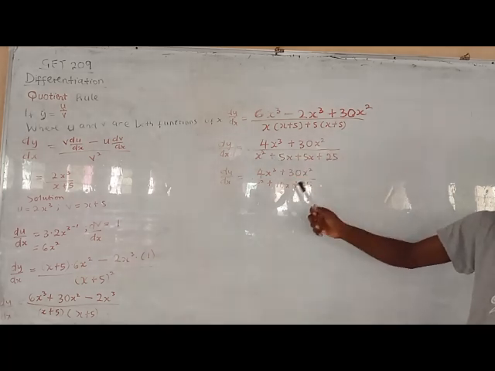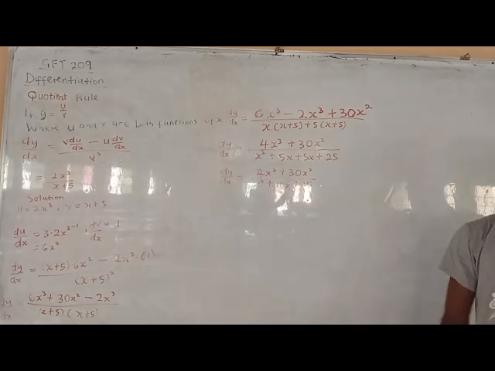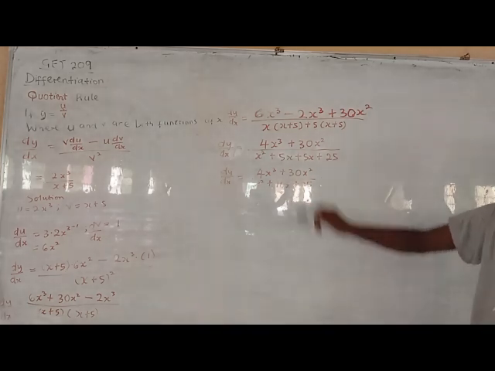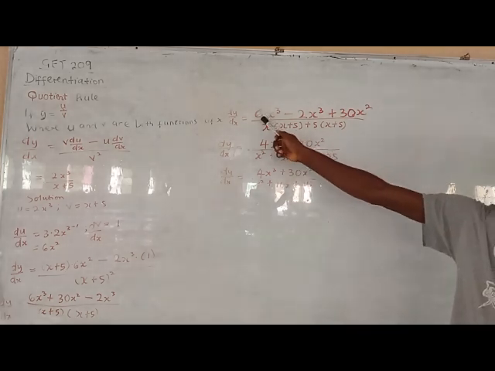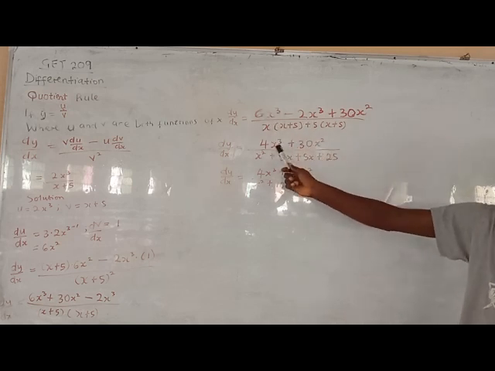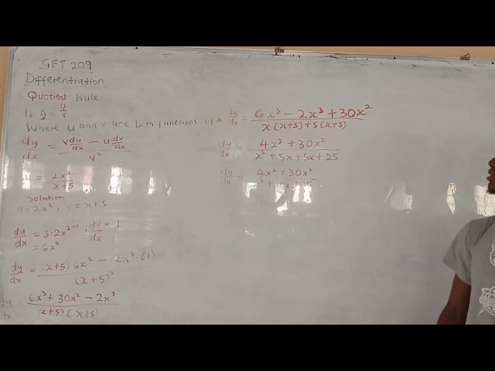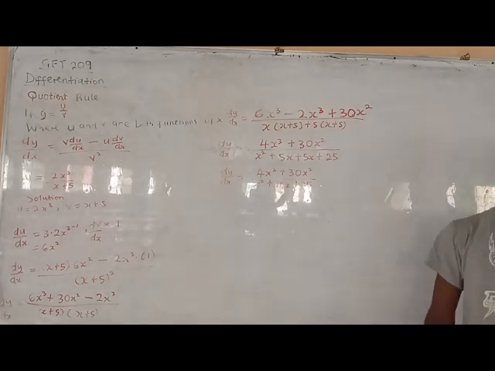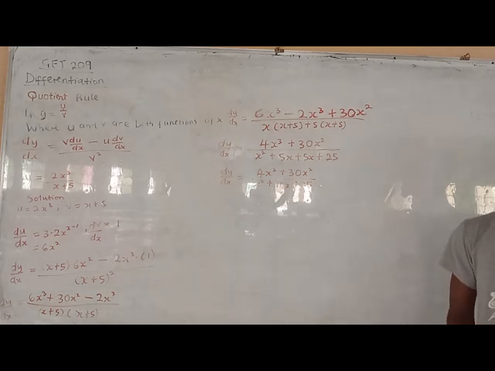That's 5x plus 5x. 4x cubed: we say 6 akara minus 2 akara equals how many akara? 4 akara. There was already 30x squared here, so we still maintain our 30x squared. That's how we got everything. So that's all for quotient rule.